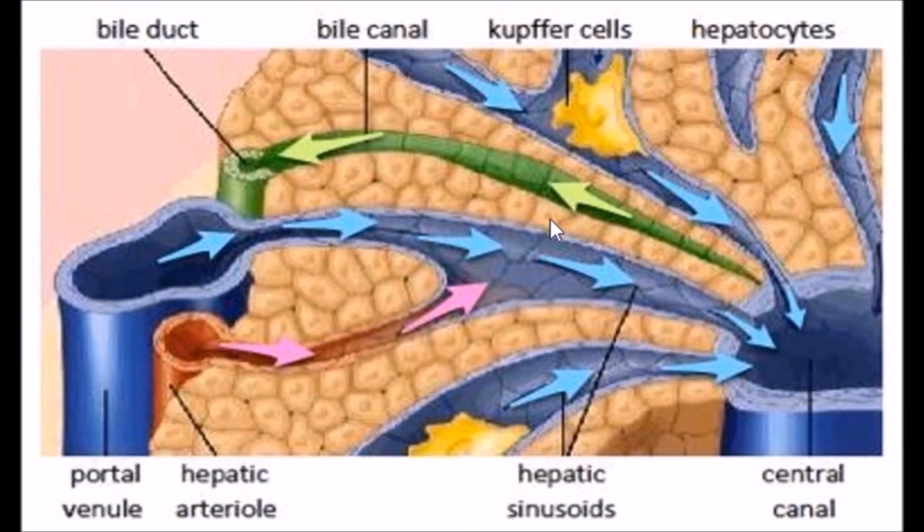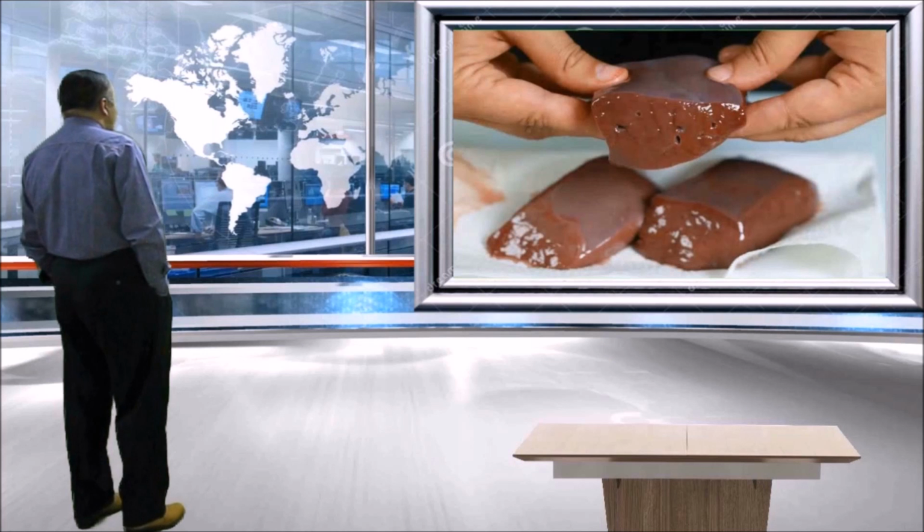And these cellular plates, you can see here, these hepatocytes are cellular plates. They pour the bile into the bile canaliculi, and the bile flows from the center towards the portal area, in the opposite direction to the blood flow.